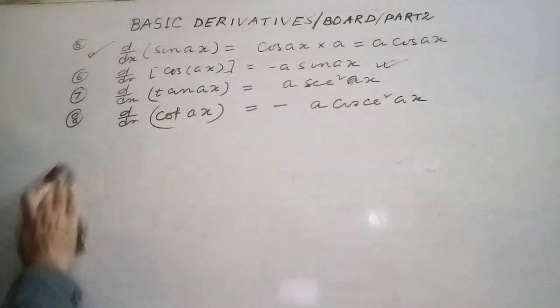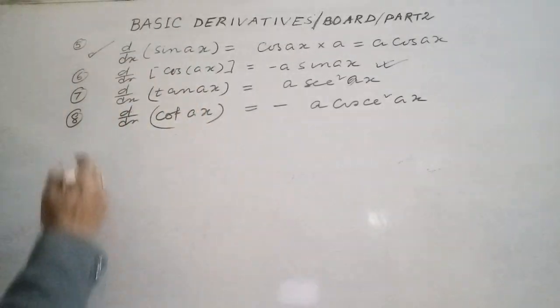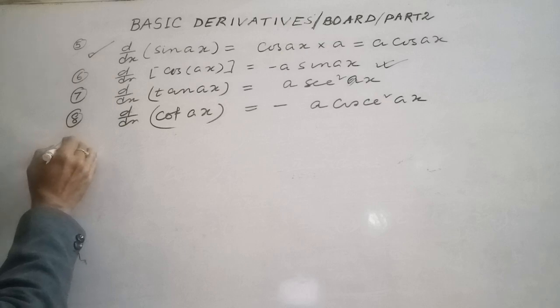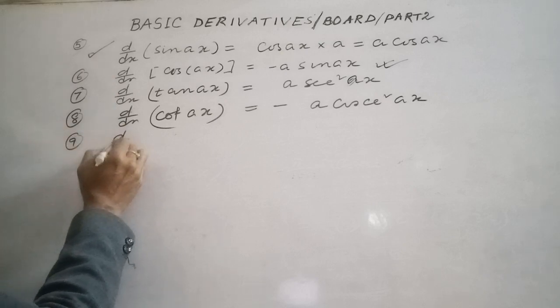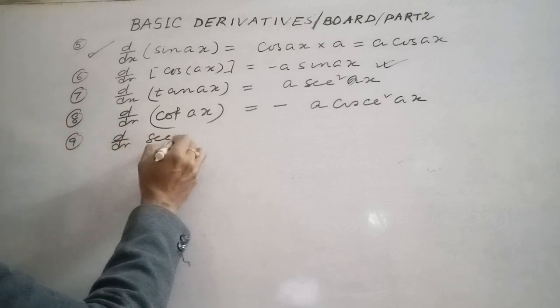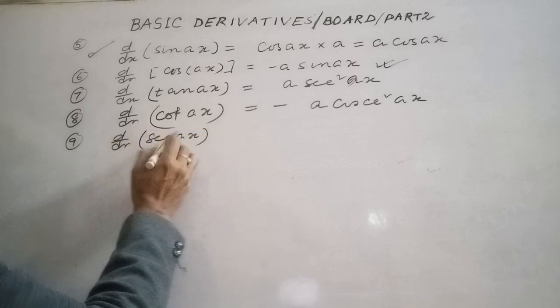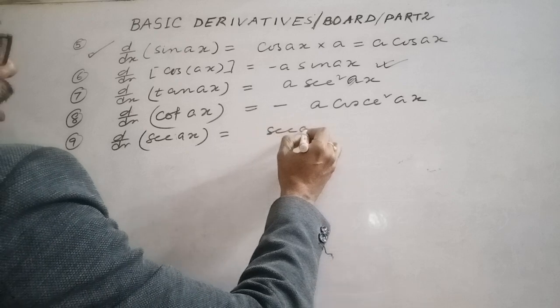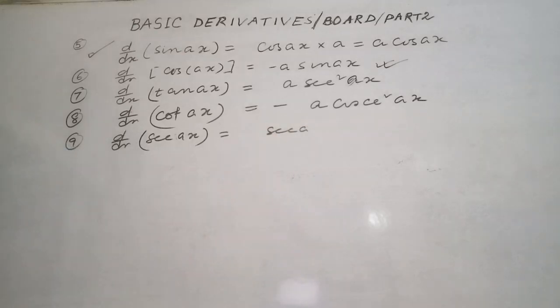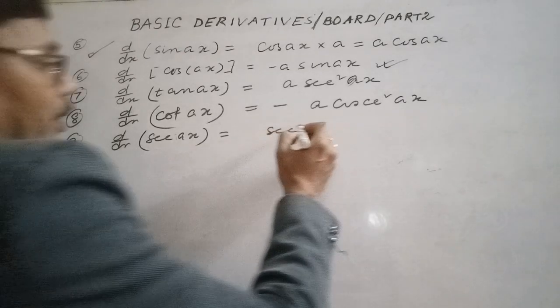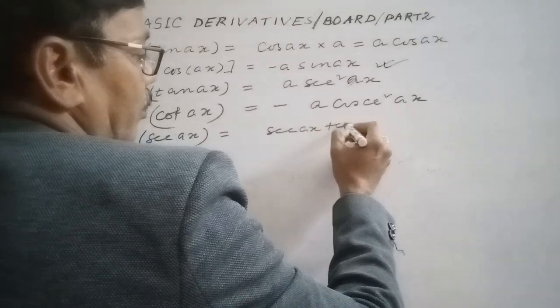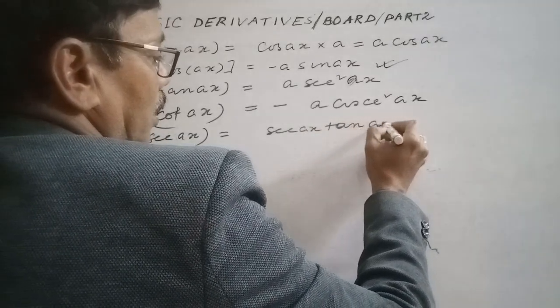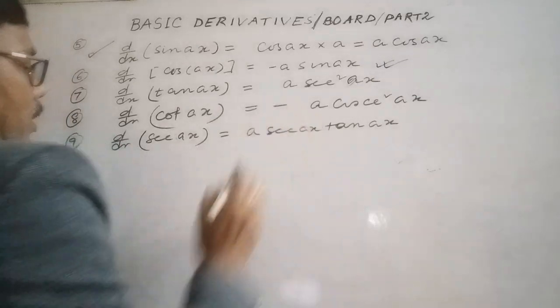Next, remaining: d/dx of sec ax is sec ax into tan ax into a.